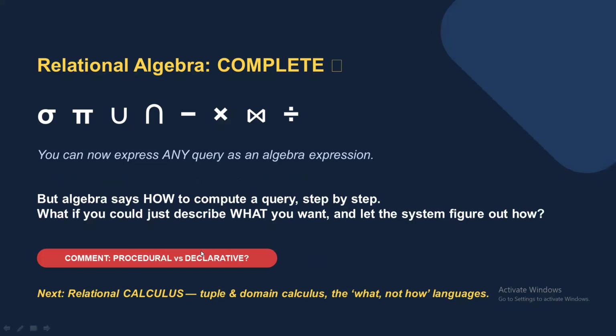You have to give me an answer whether relational algebra is a procedural language or a declarative language. Think about it. Drop your comments, and then I'll see you in the next video with the answer. Our next topic will be calculus. Before that, we will discuss certain questions on relational algebra, and then we'll take up relational calculus.